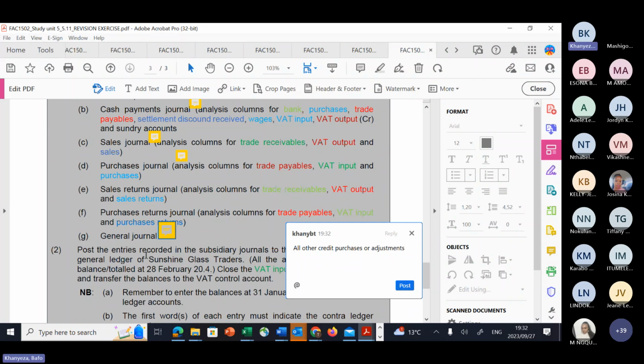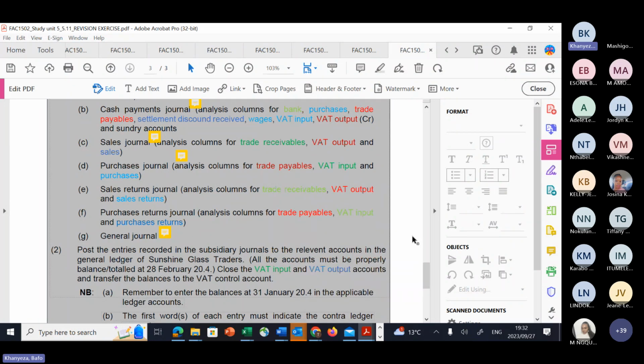This really forms part of the accounting records, because there you debit straight on the general.